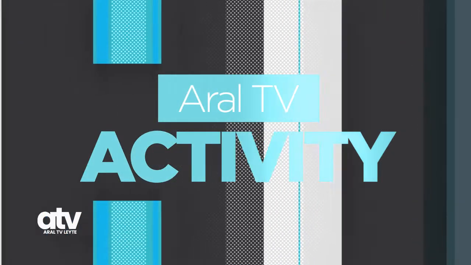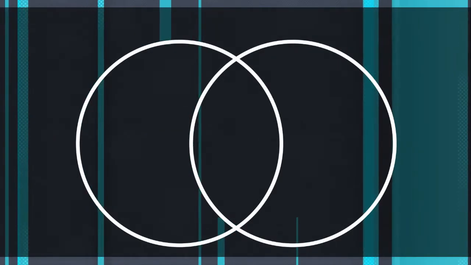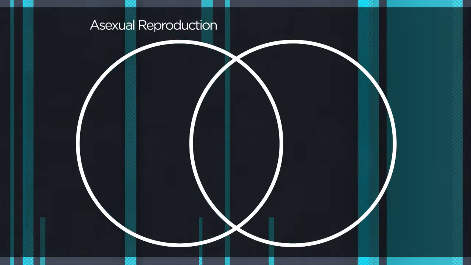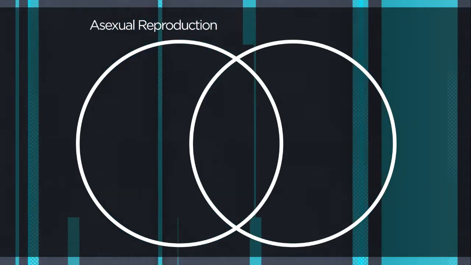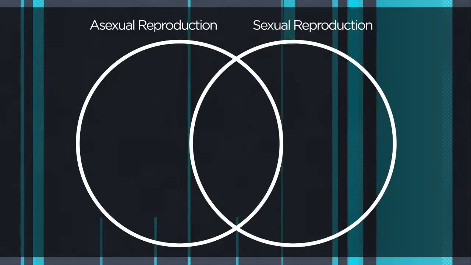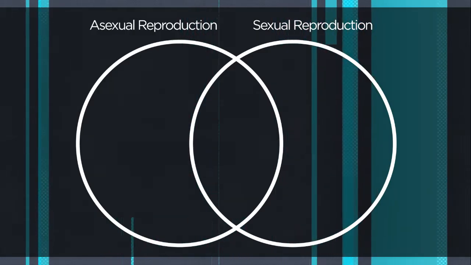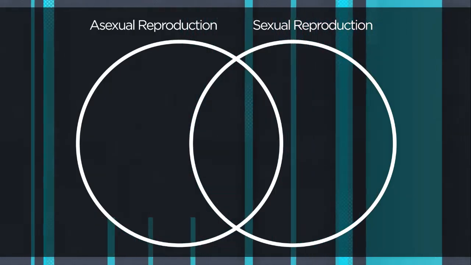Science thinkers, here is your next task. Just follow the directions I'm going to give. Do this on a piece of paper. Draw a Venn diagram. Write asexual reproduction on the left circle, sexual reproduction on the right, and the similarities on the overlap.